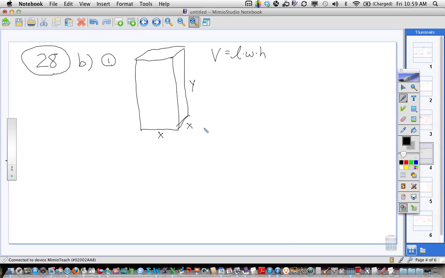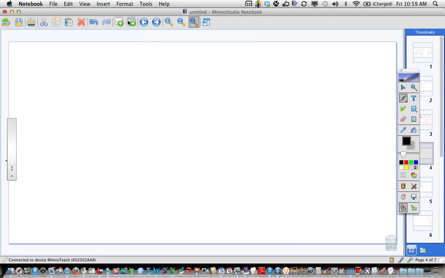Okay? Now, I'm going to go to a new page and do case 2, which would be instead of Y being the long side, the square base being the long side. So that would be a box that would look like this.